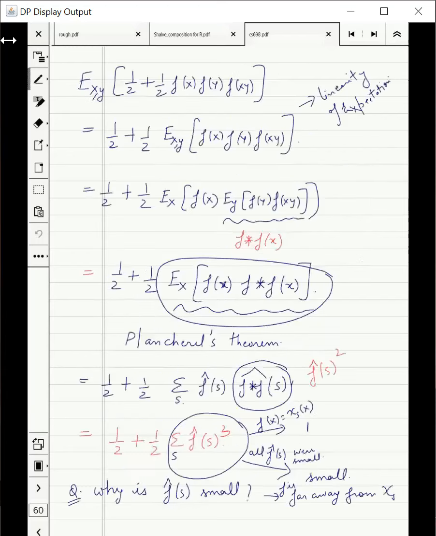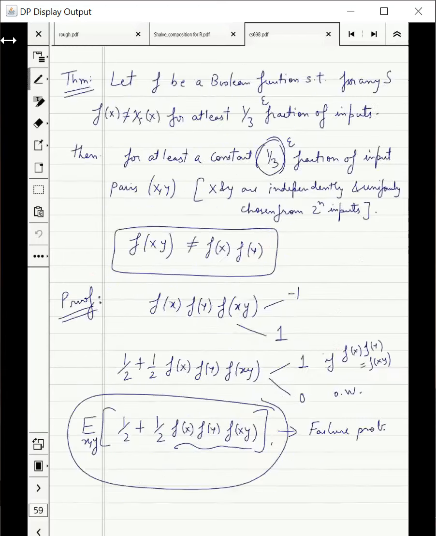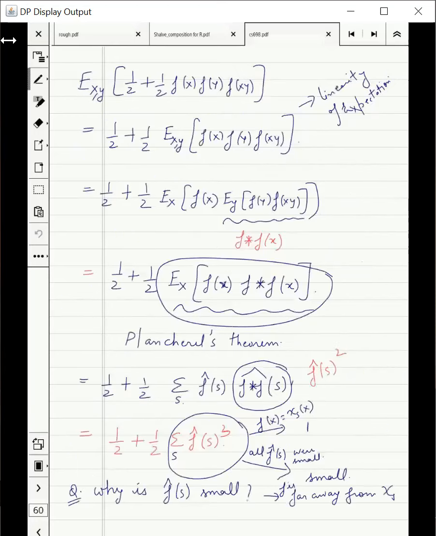But the crux of the argument was the statement that if my function was far from linear, or f(x) was not equal to chi_S(x) for at least 1/3 fraction of inputs, then for at least 1/3 fraction of inputs, f(x+y) will not be equal to f(x) times f(y). And the proof required simple manipulation of Fourier coefficients.